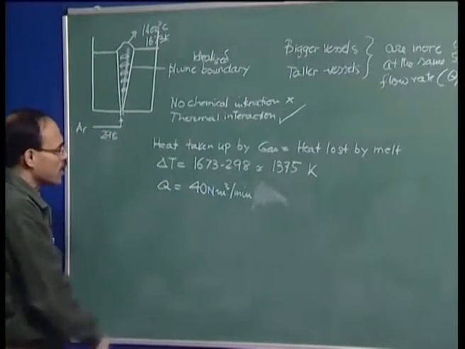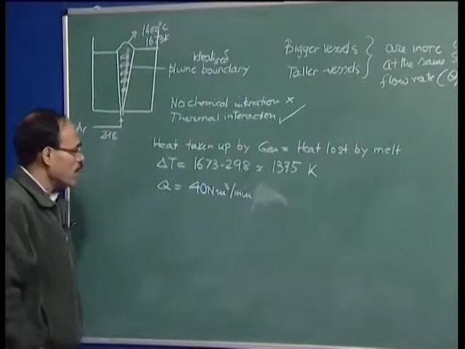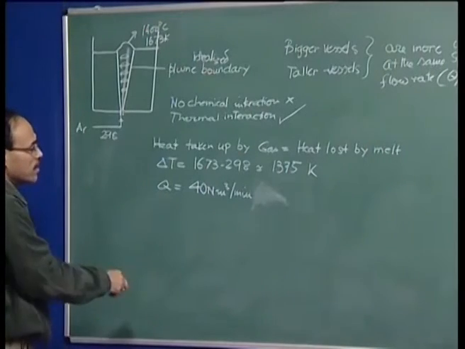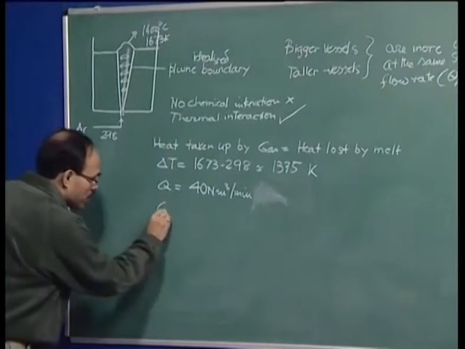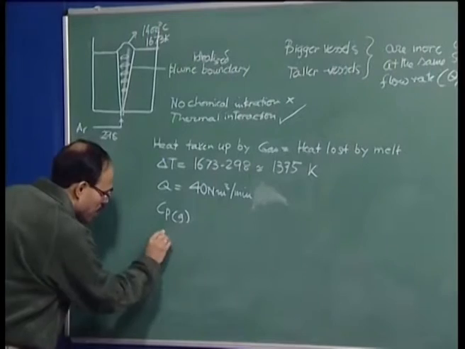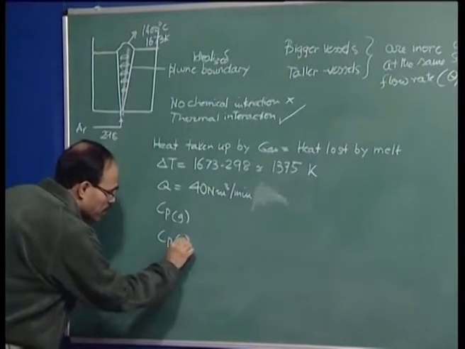This is a typical argon flow rate, and then we can do the calculation that for this much of temperature, we know the specific heat of gas, Cp gas, and we know Cp liquid molten steel.